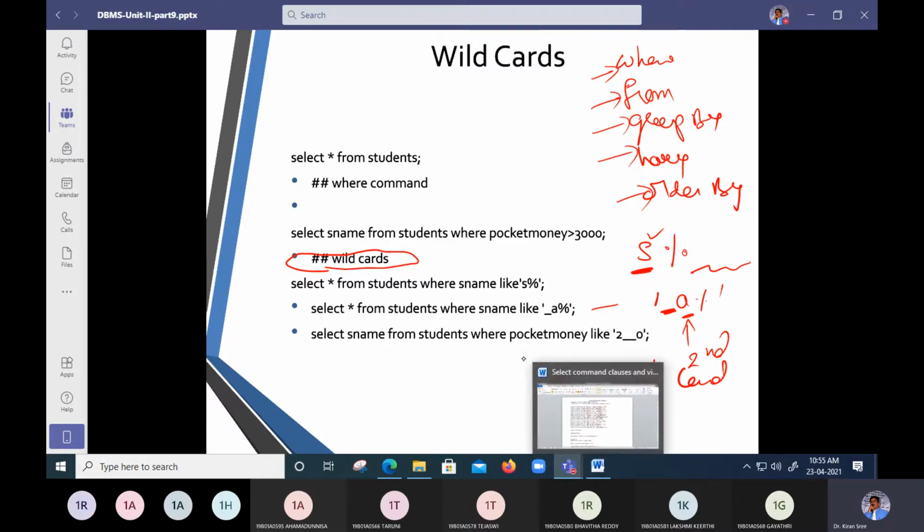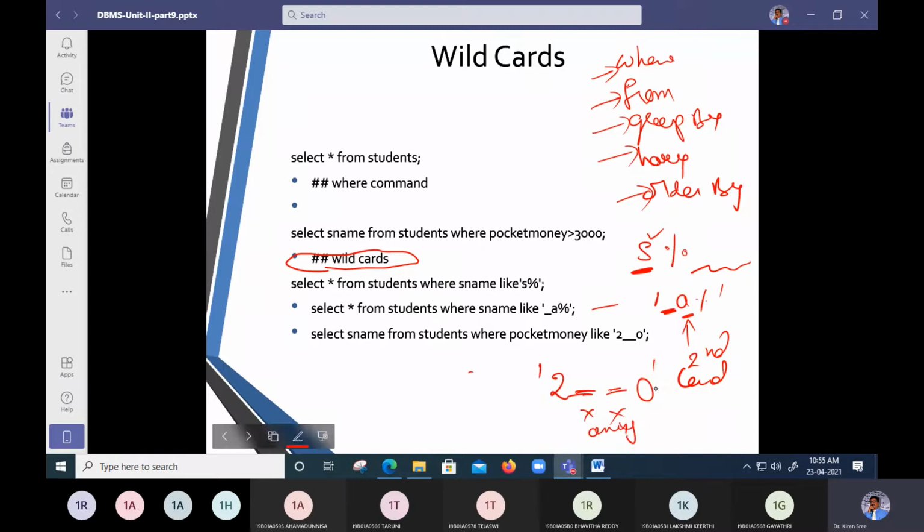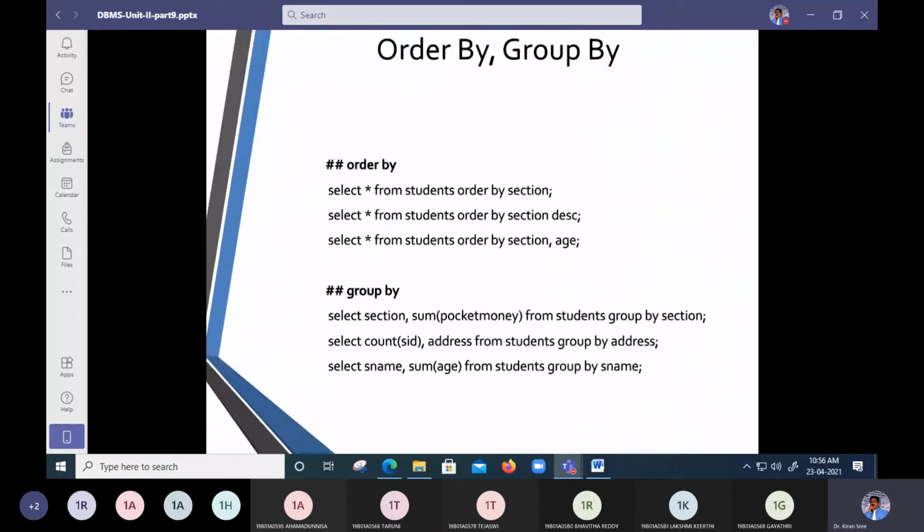Then I can put 2, two underscores, and 0 in quotes, and I will get the values between 2 and 0. This is how we use wild cards in SQL commands.